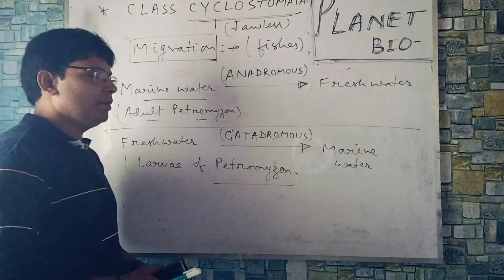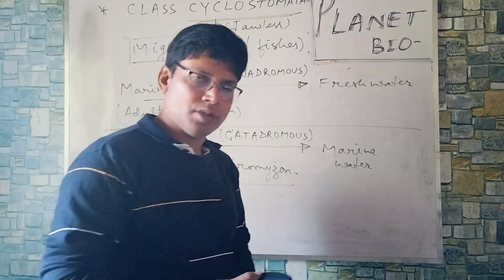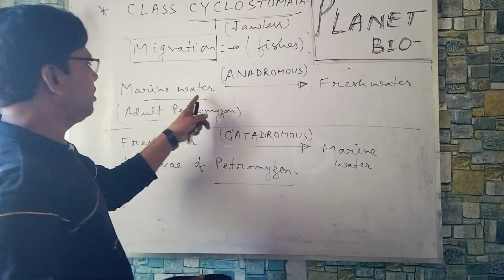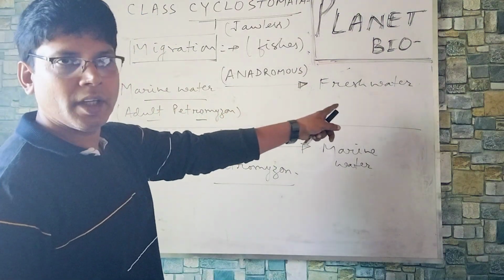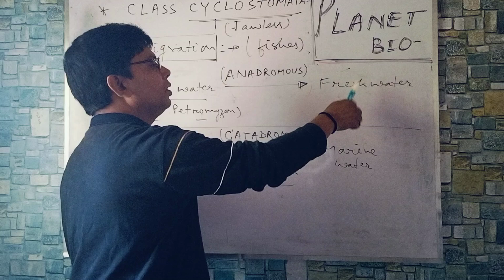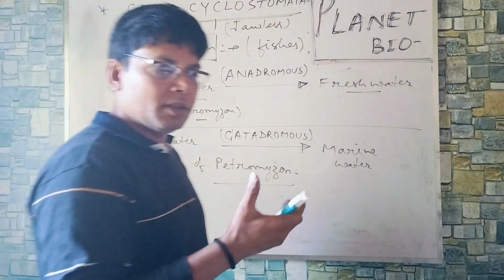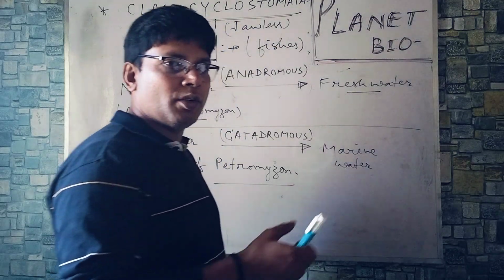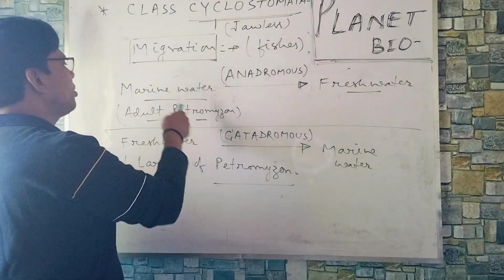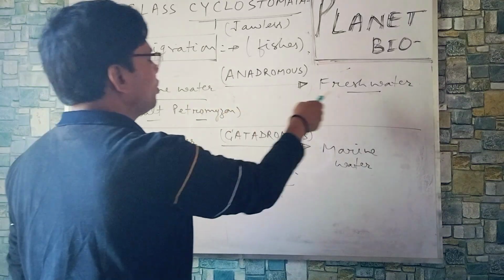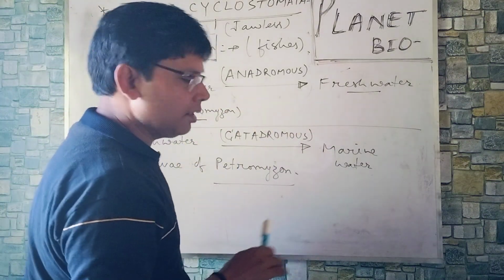The adult female petromyzon moves from the marine water area to the freshwater area to lay eggs.